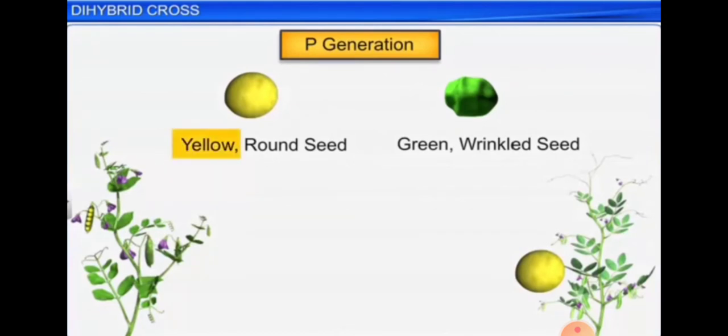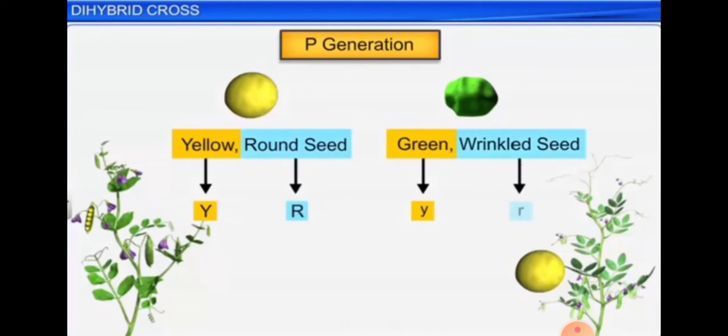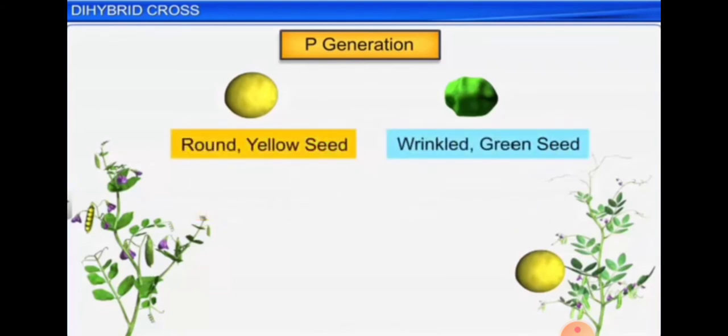Now in Mendel's dihybrid experiment, let's denote the dominant yellow seed color with the genotypic symbol capital Y and the recessive green seed color with small y. Likewise, let's denote the round seed with the capital letter R and the wrinkled seed with small r.